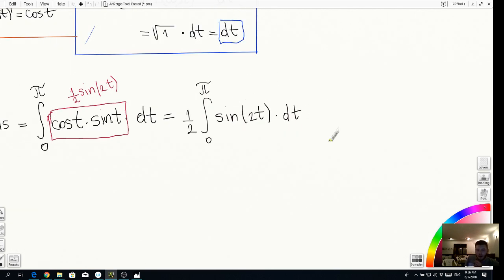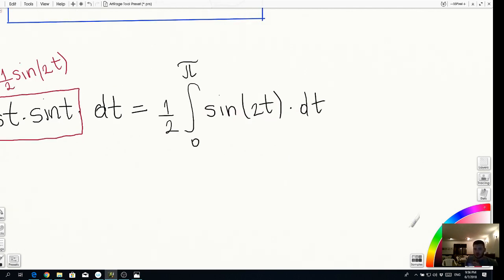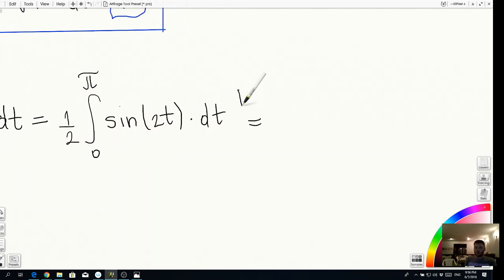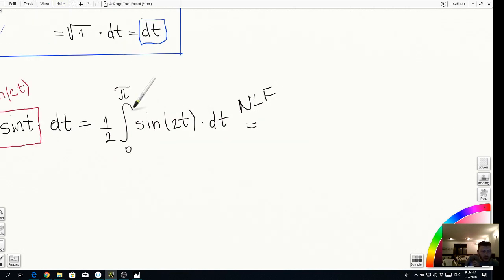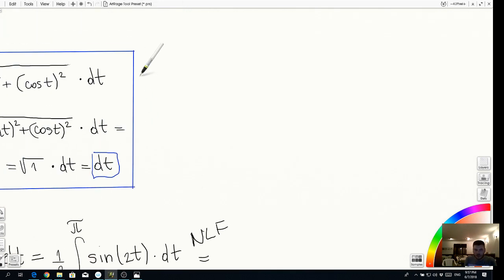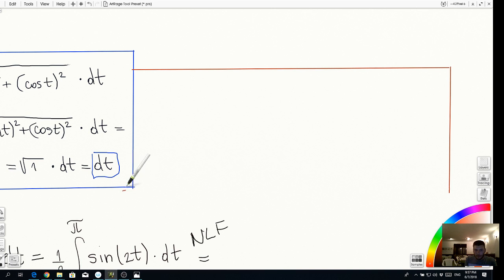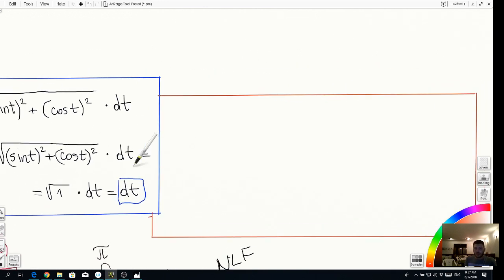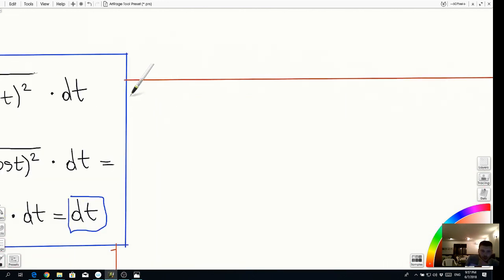Now let's find the primitive function of sin 2 times t in order to use Newton-Leibniz formula. That will be our help calculations, some primitive function calculations, sorry.